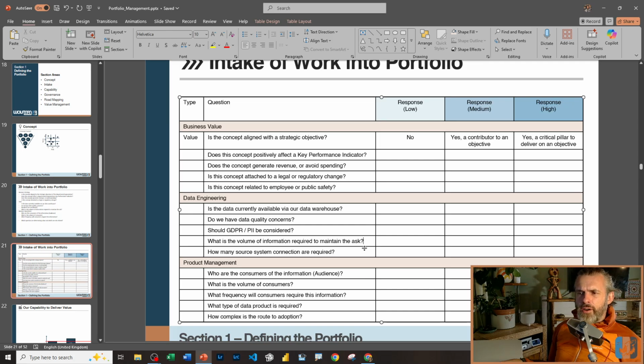And then if we are, what's the cardinality, how complicated is the information? So the volume of information required to maintain the ask, it's the volume and the complexity, but you will know it when one thing's bigger than the other. If something feels big and intimidating, that's what we're trying to get out right now.